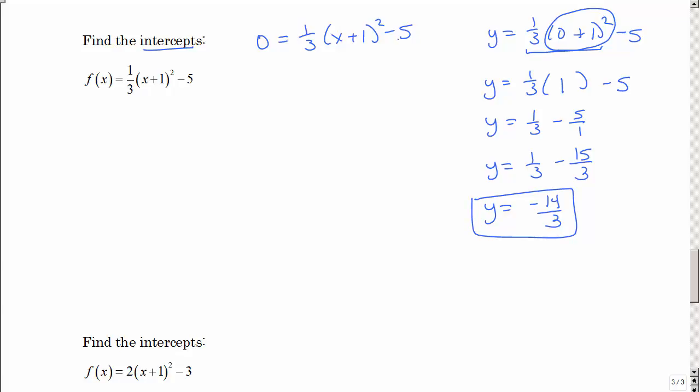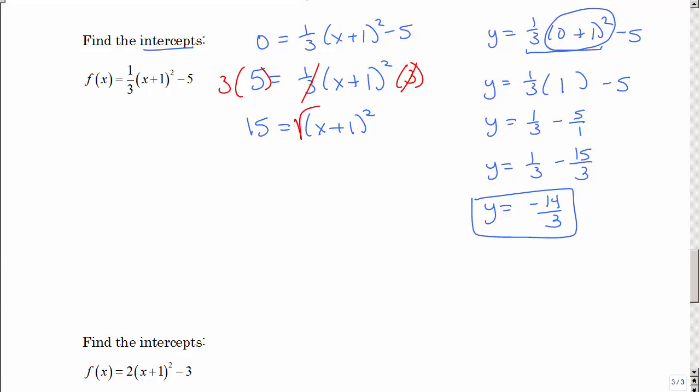Now, over here, just like the last example, I'm going to add 5 to both sides. Then I'm going to get rid of the fraction by multiplying by the reciprocal, because those would cancel. Then I need to undo that square, so I'm going to put the square root, and so I have to put the plus or minus.